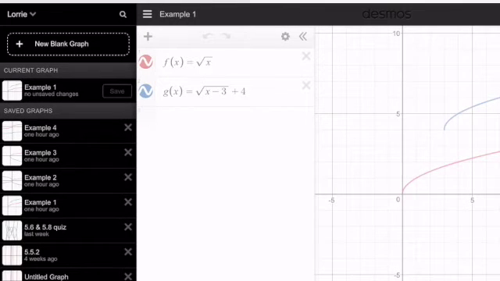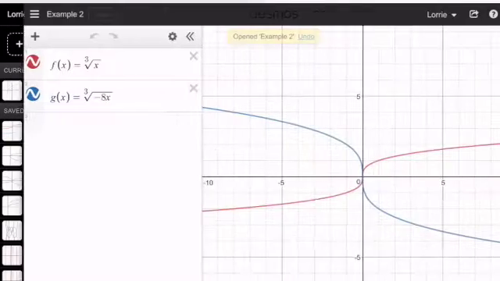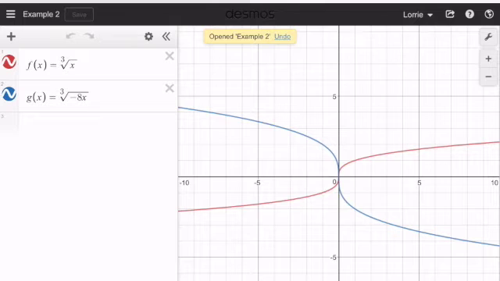So example 2. All right, here we go. Again, red is our original and blue is our new. And you'll notice that the blue one looks a little fatter. It's gotten further away from the horizontal axis. It's shrinking away from the horizontal axis. And also notice that the shape of our S curve has completely flipped around.